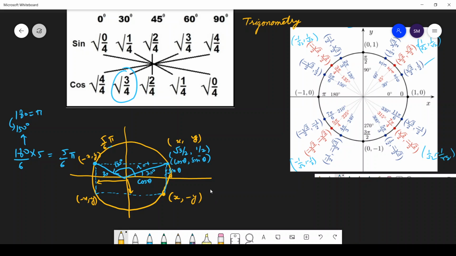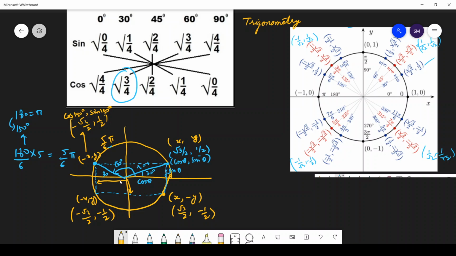Okay. So if it is minus x, y, the coordinates here will be minus root 3 by 2, 1 by 2. The coordinates here will be minus root 3 by 2, minus 1 by 2. The coordinates here will be root 3 by 2 and minus 1 by 2. Now you can write the values also. This is cos 150 degree and sine 150 degree.